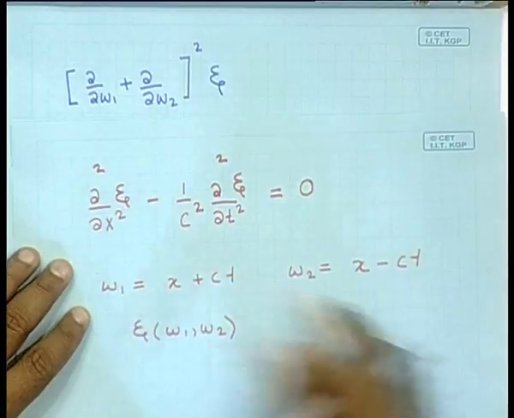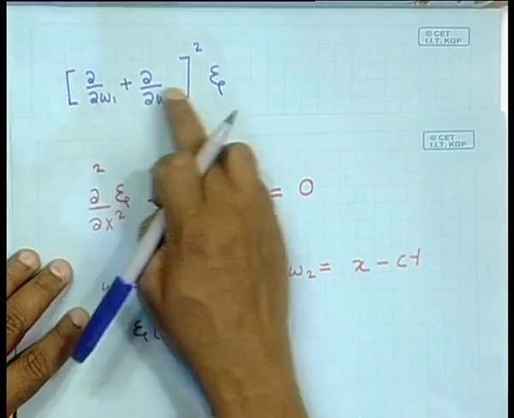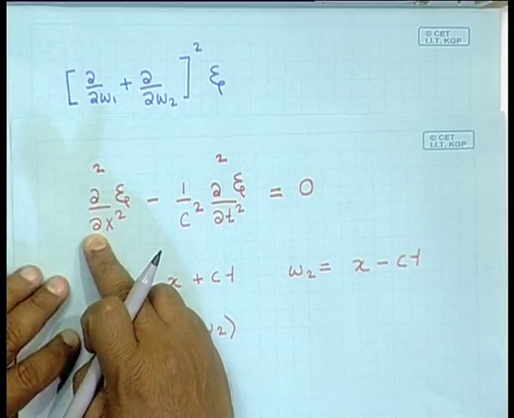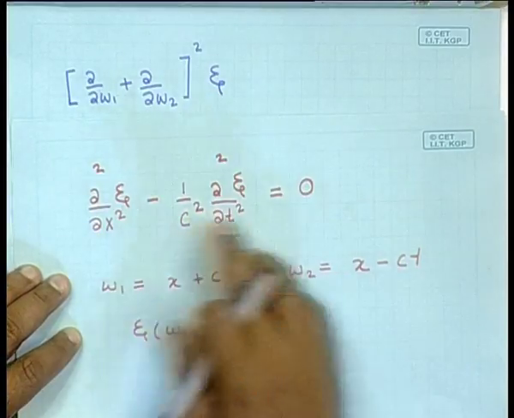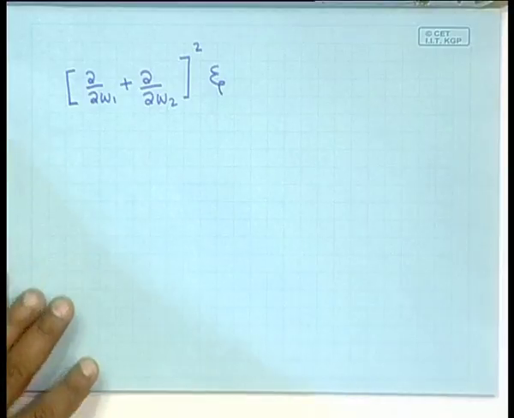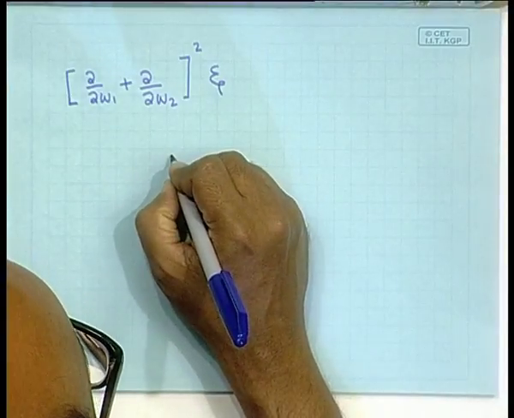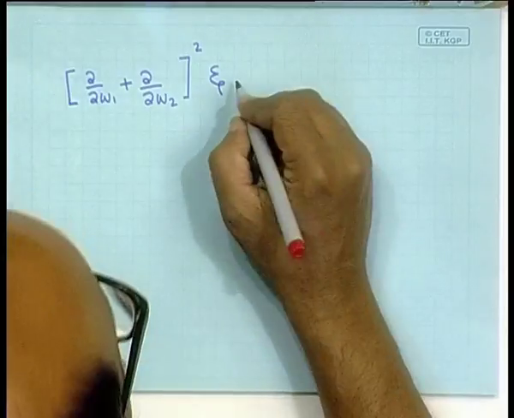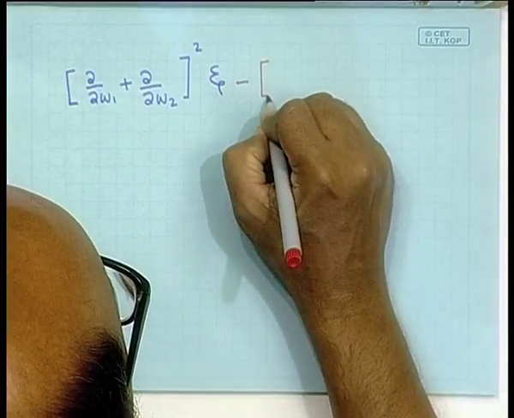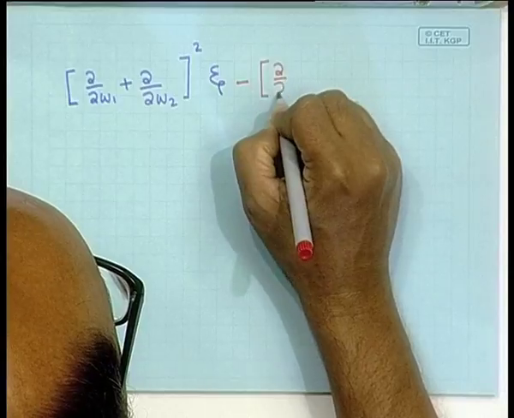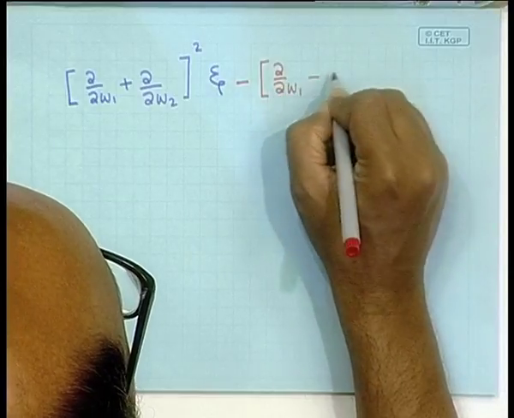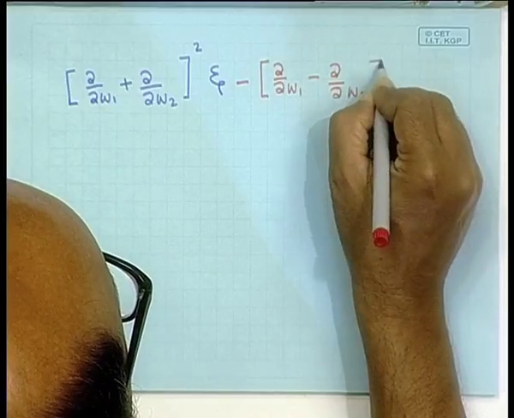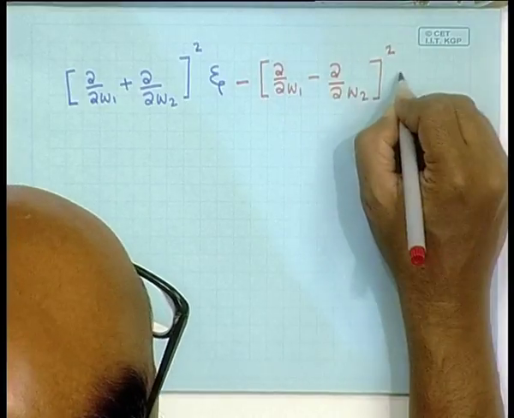So I have written down the first term over here, the square of this operator, that is the partial derivative with respect to x, acting on xi, and then I have to subtract out the square of del by del w1 minus the partial derivative with respect to w2, acting on xi.